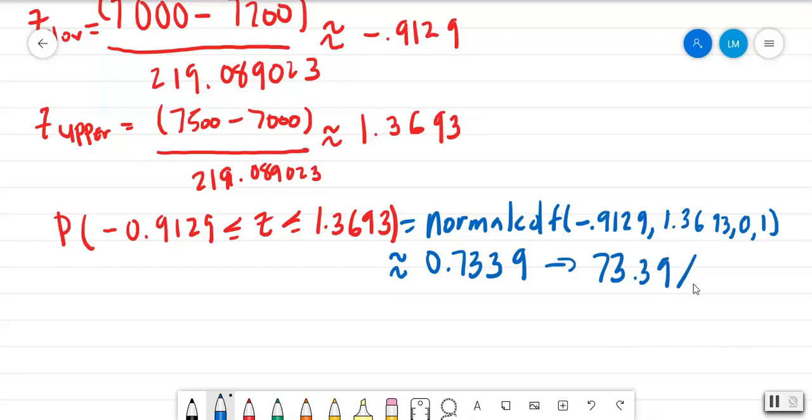So what that tells me is that there's a 73.39% chance that the mean daily revenue for the next 30 days will be between 7,000 and 7,500.